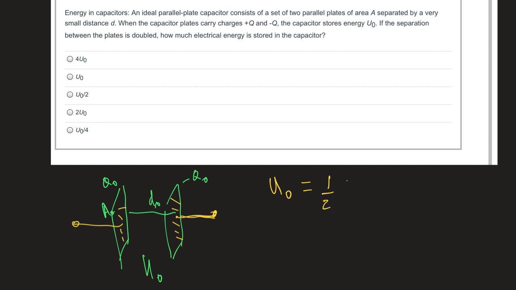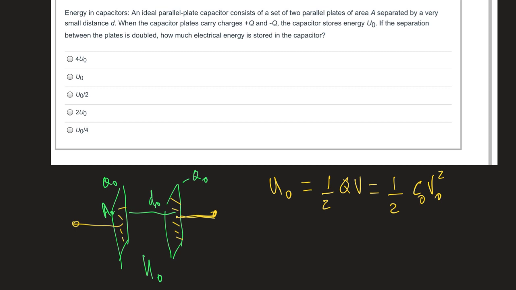I can use Q times V, but maybe better I will use something that involves the capacitance. Because the capacitance is Q divided by V, this will be C times V squared. So U0 will be 1/2 the capacitance C0 times the potential difference V0 squared.